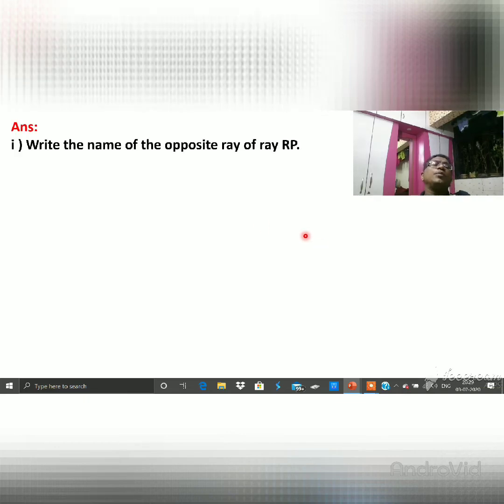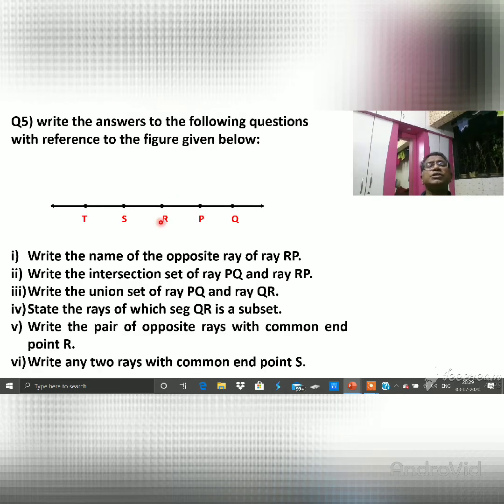I will explain with the help of a diagram, and afterwards how you can write it can be shown here. So see, this is the first problem. Write the name of the opposite ray of RP. So this is RP. The opposite ray of RP is RS. Another also is RQ. Another is RT.